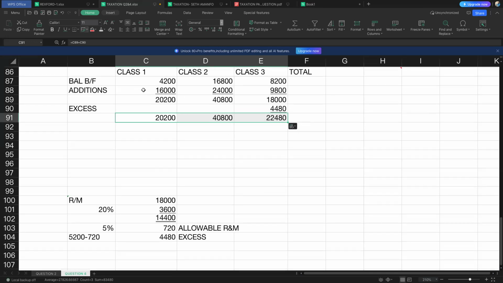Computing your capital allowance for the first two, you got 18,000. You worked 20% on it to get 3,600. So the difference we got was 14,400, and then you charge 5% on the figure you got. Then you take that figure out of the 5,200, which is the cost of repair of 2 photocopiers.